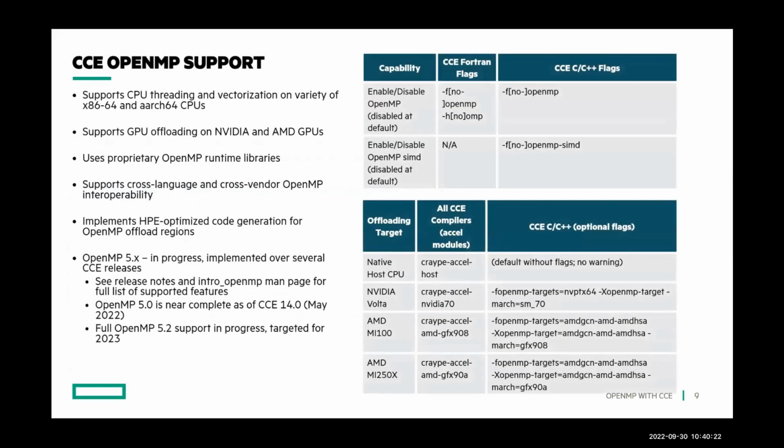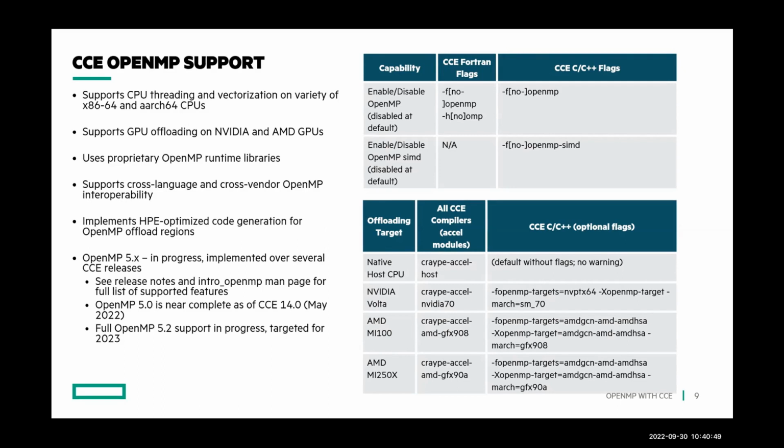Okay, so let's go into the OpenMP support. So we support CPU threading and vectorization for a number of different CPUs, x86 and ARM-based CPUs. As I had mentioned earlier, we support GPU offloading both for NVIDIA and AMD GPU targets. And we have our proprietary OpenMP runtime libraries. As I had mentioned earlier, there is cross-language, cross-vendor interoperability support.